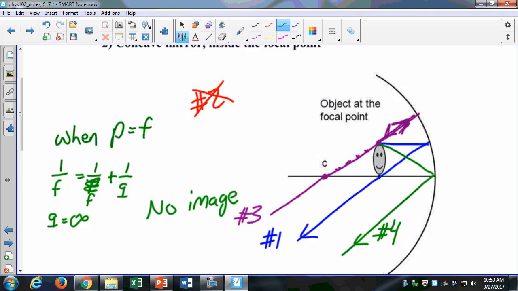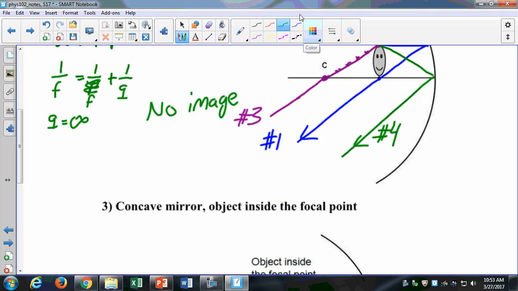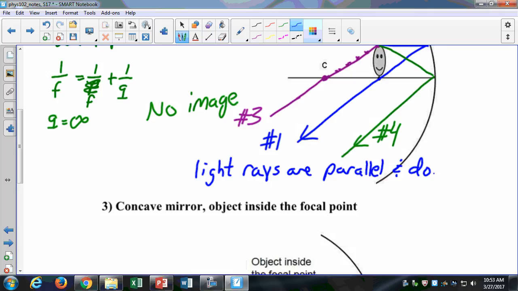All the light rays are parallel, so they never cross, and so there's no image. Let me write that down. Light rays are parallel and don't cross. So there's no image.